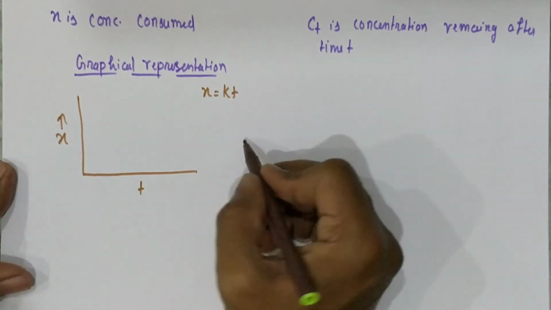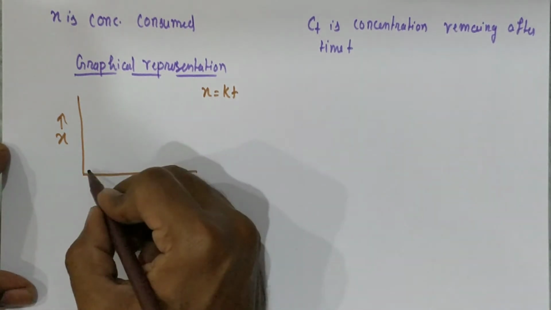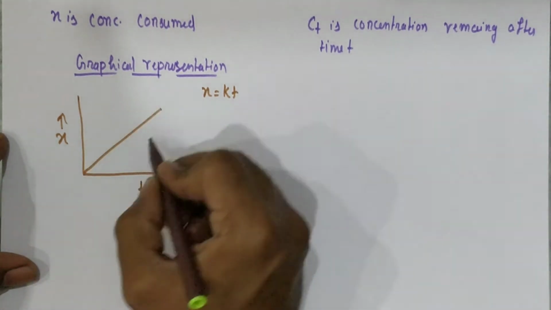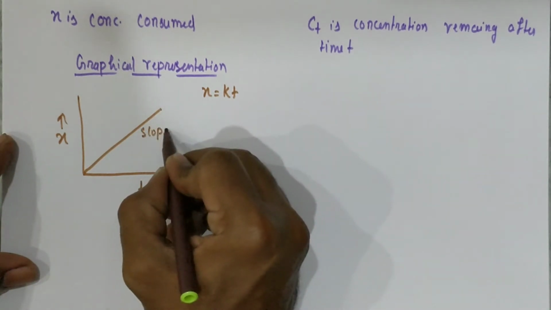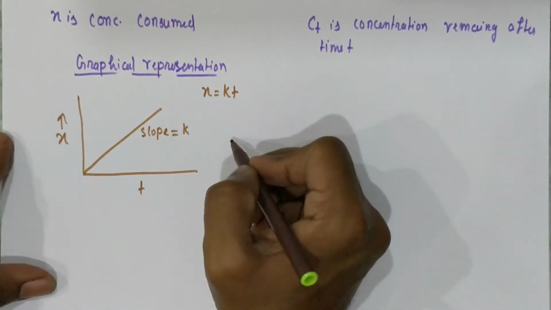Comparing it with the straight line equation, y equal to mx plus c, the slope will be equal to k and the y-intercept is 0 for this reaction.